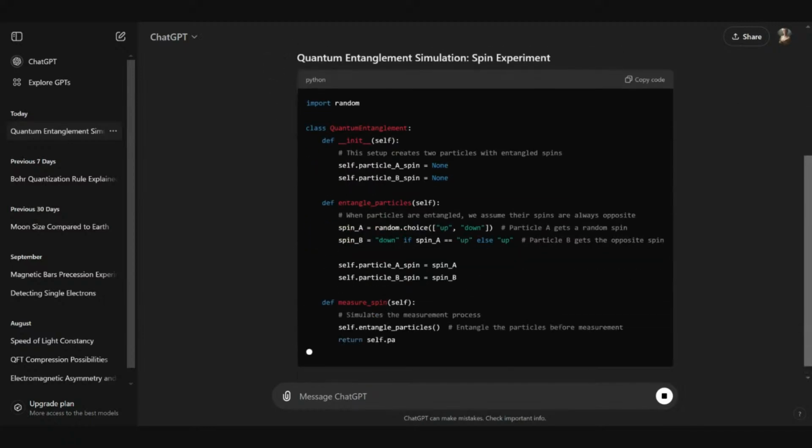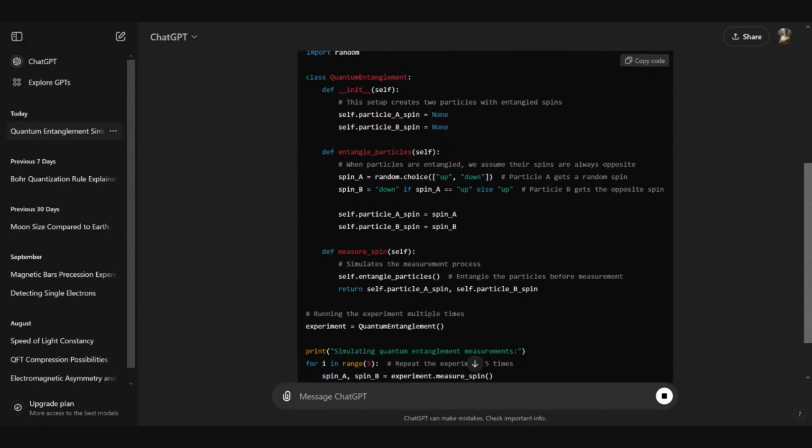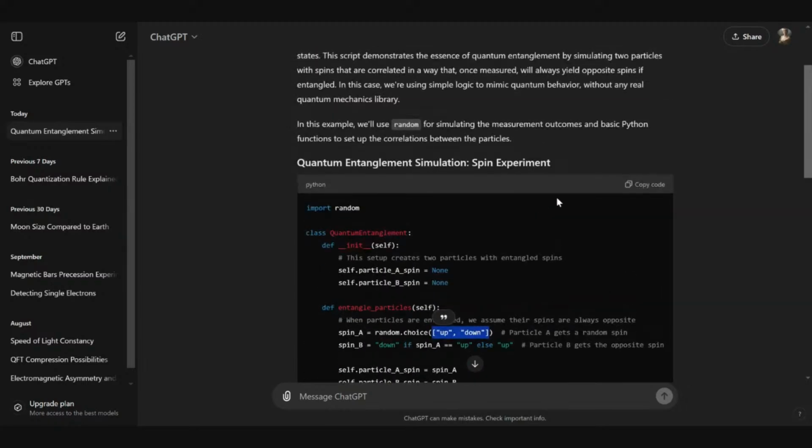That's good. So particle A, particle B, entangle. Spin A, random. No, no, no. You don't decide if it's up or down. Oh my God. You choose an angle. You don't choose up or down. Choose an angle.